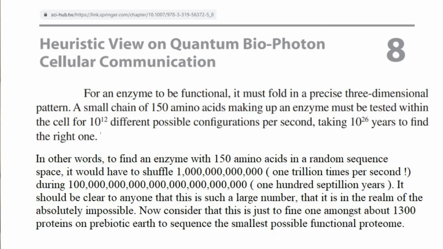For an enzyme to be functional, it must fold in a precise 3-dimensional pattern. A small chain of 150 amino acids making up an enzyme must be tested within the cell at 10 to the 12th power of different possible configurations per second, taking 10 to the 26th power of years to find the right one.